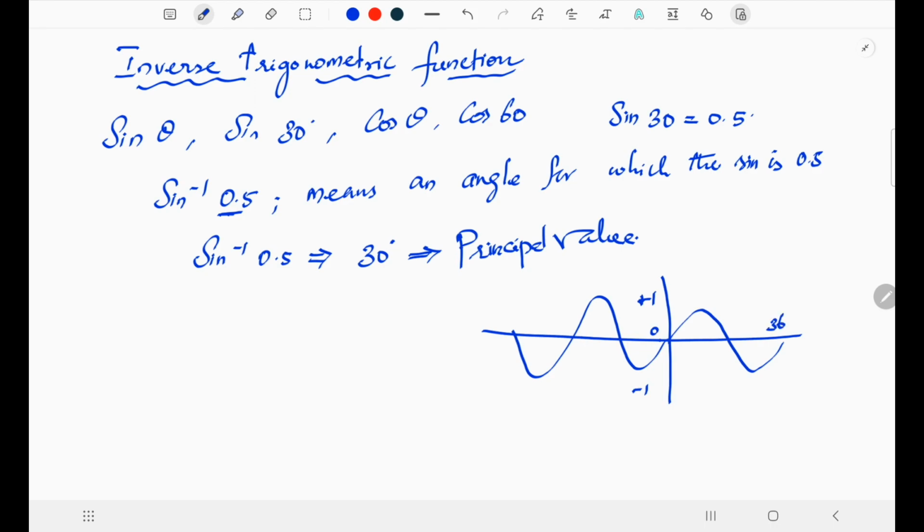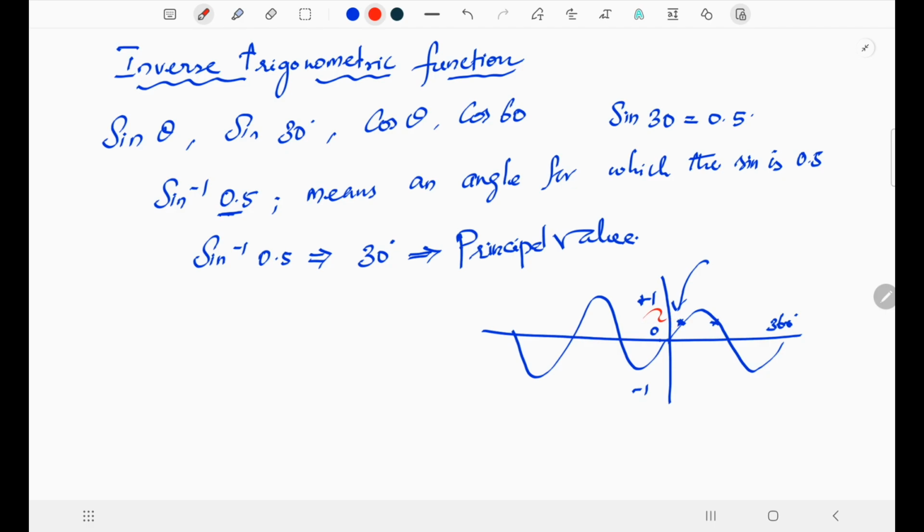This is 360 degree angle. 30 will be here, and then one more 0.5 lies here. So there will be two values, but your calculator gives only the first value.